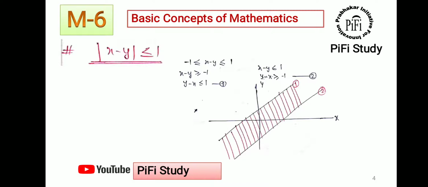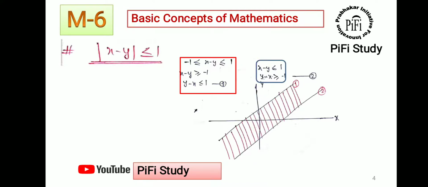It has two cases: one is x minus y is greater than or equal to minus 1, and second is x minus y less than or equal to 1. Solving the first case, we will get y minus x less than 1. Draw the plot for this: the line shown by 1 is drawn, and the second one is marked by number 2.